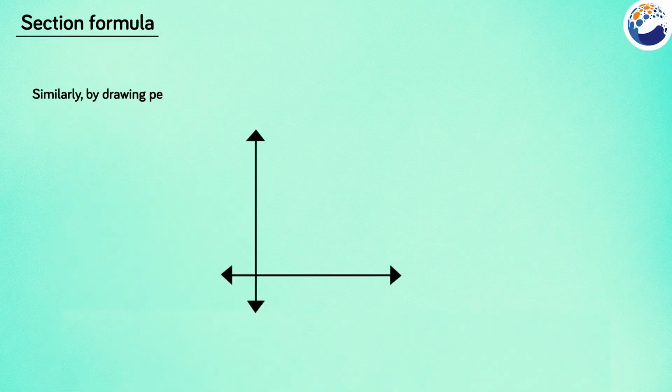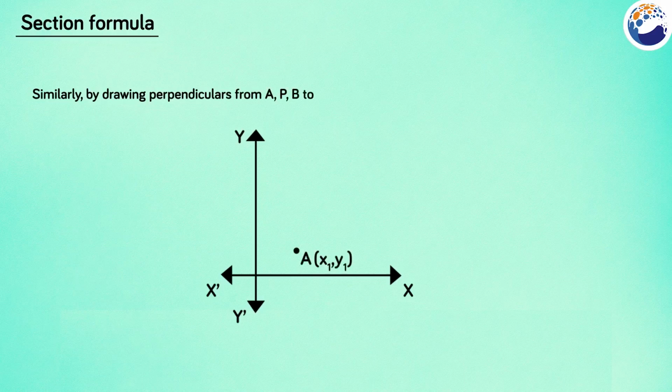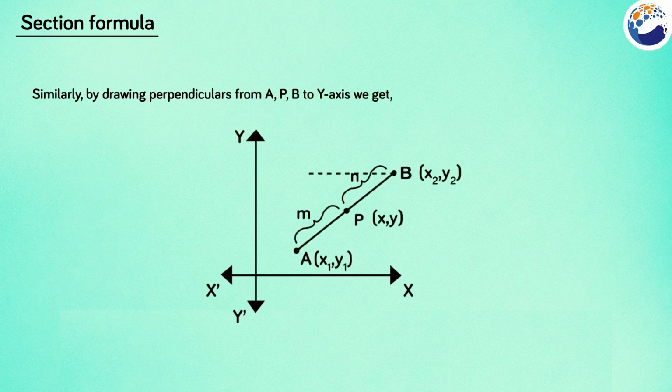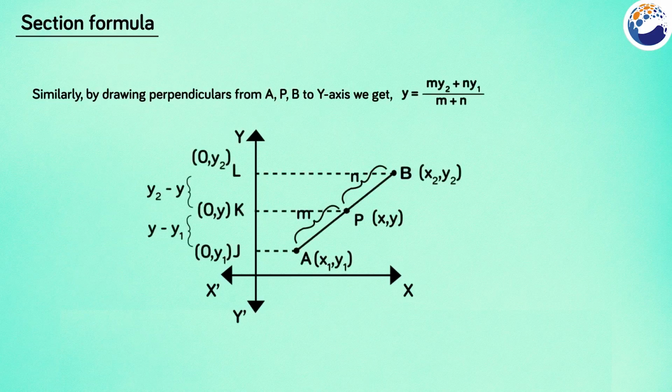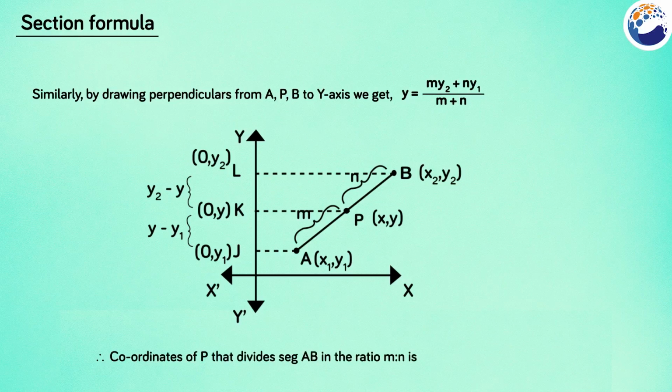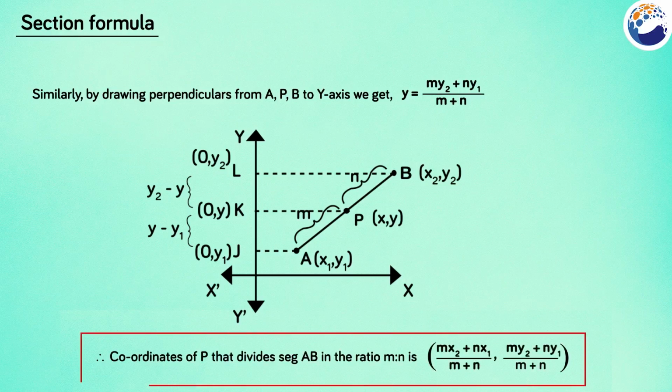Similarly, by drawing perpendiculars from A, P, B to the y-axis, we get y is equal to (my2 plus ny1) upon (m plus n). Therefore, coordinates of point P that divides the segment in the ratio m is to n are ((mx2 plus nx1) upon (m plus n), (my2 plus ny1) upon (m plus n)).